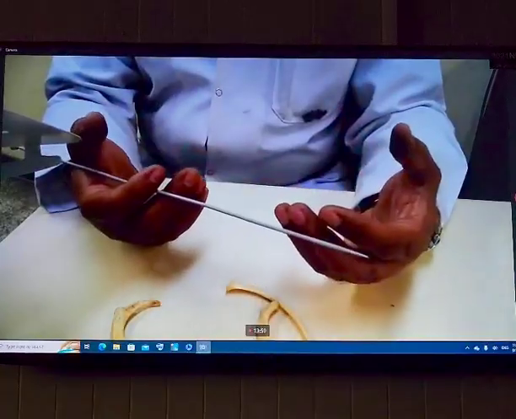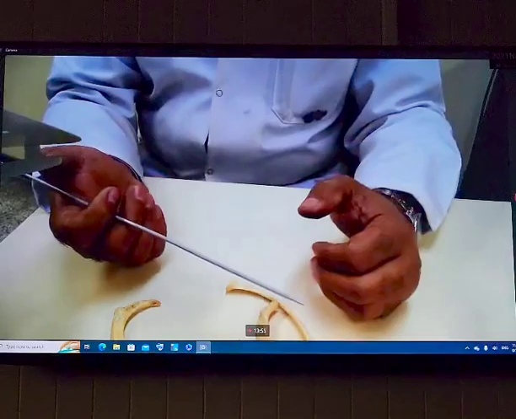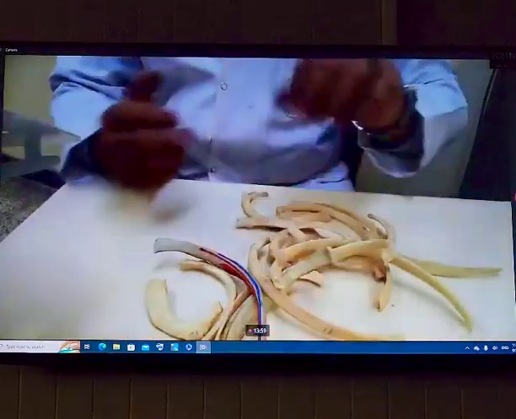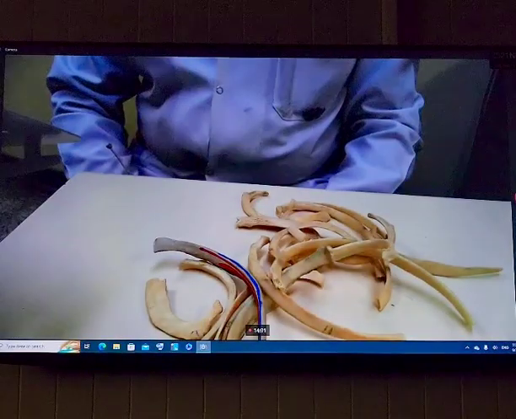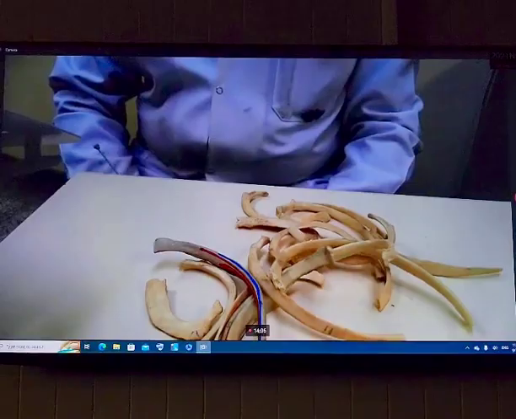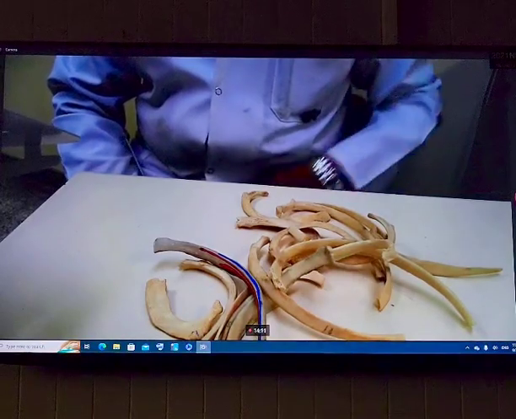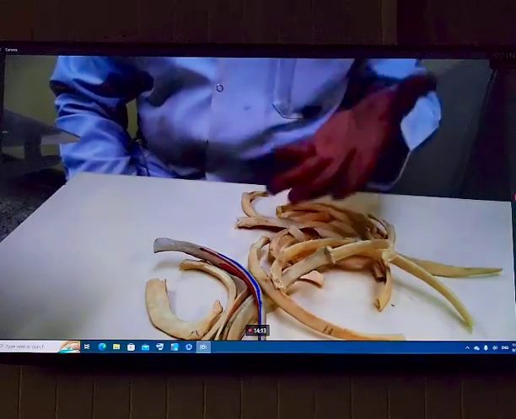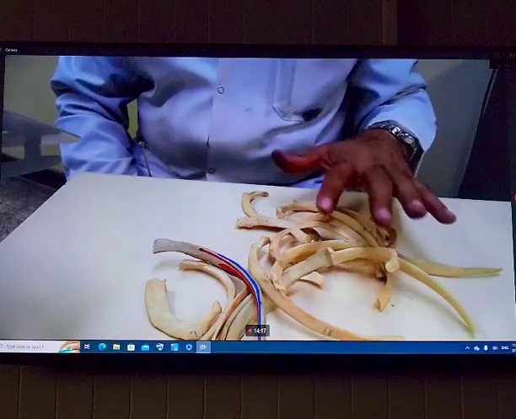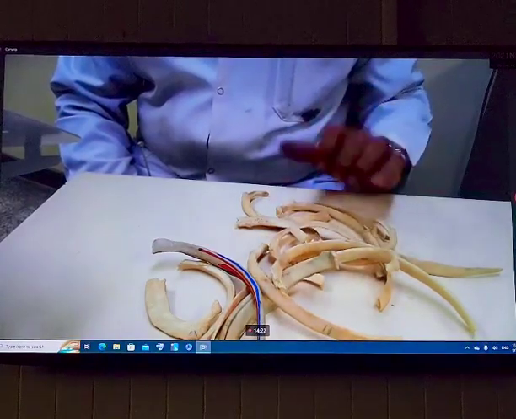The information theoretically explained in the lecture must be here transformed into skills of knowing which is typical and which is atypical, and what are the features of the typical ribs and what are the features of the atypical. This is a skill that must be known during the practical session. You could not learn such skills in the theory. You must have a practical session.